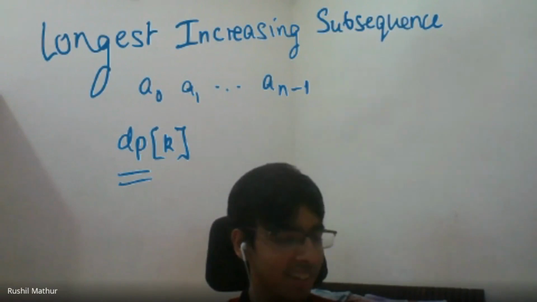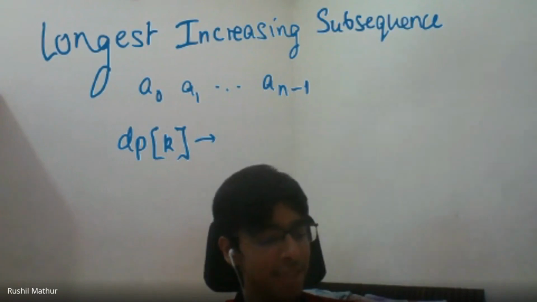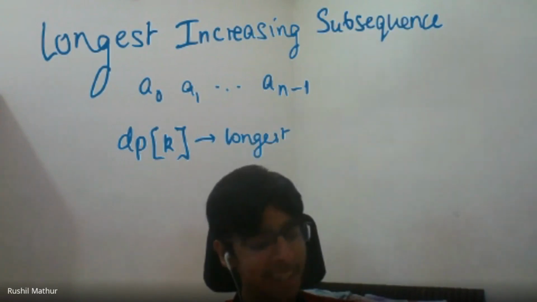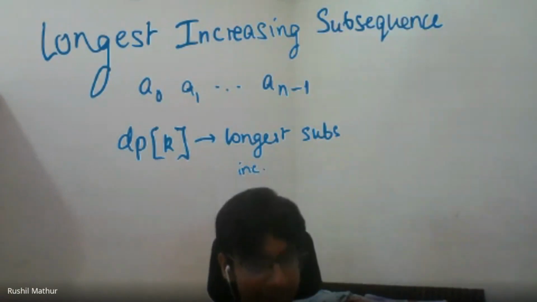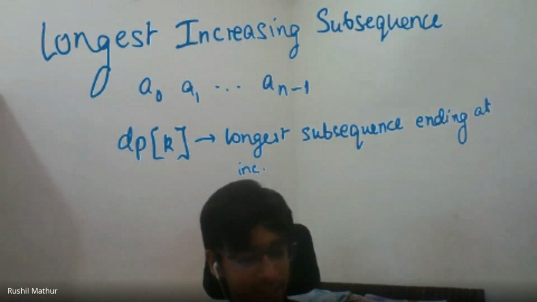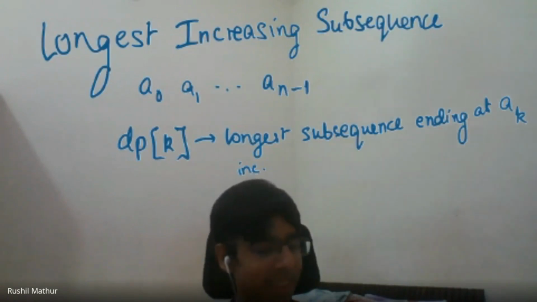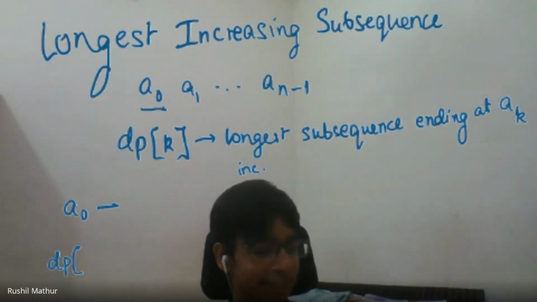If you define DP[k] as the length of the longest increasing subsequence ending at A[k], does this make sense? Basically, DP[0] is the longest subsequence that ends at A[0], so it'll have to be just A[0] itself. So DP[0] will become 1.